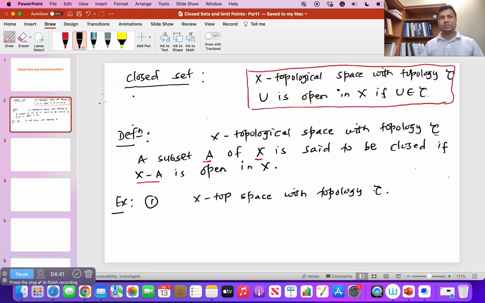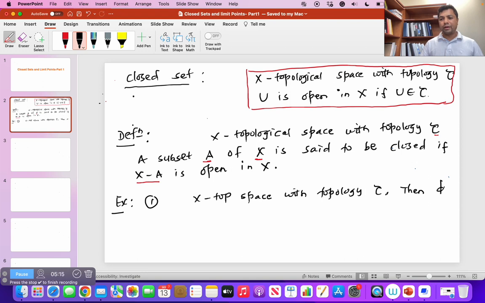That means the empty set and the whole set are open in X. They are open in X by definition of topology, because both of them are in tau, and they are also closed in this topological space X.